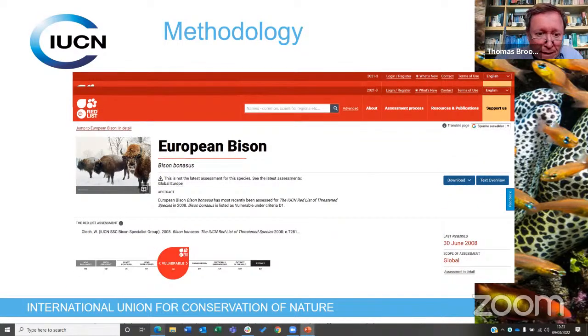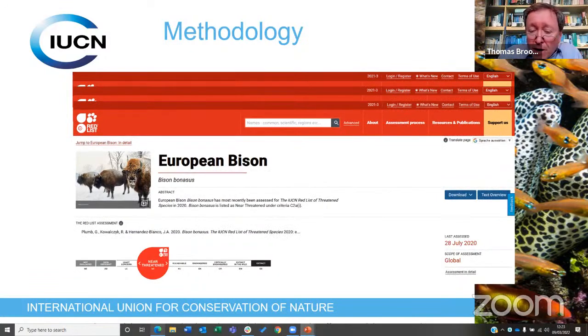Through to 2008, where as a result of conservation actions, it was reassessed as vulnerable, so a genuine change in the positive direction. And now in the year 2020, it was reassessed as near threatened. So three genuine category changes, a conservation success story so far in this case. These step changes in extinction risk category are factored in alongside the extinction risk of all other species in the groups in question to generate the Red List Index. Next slide, please.